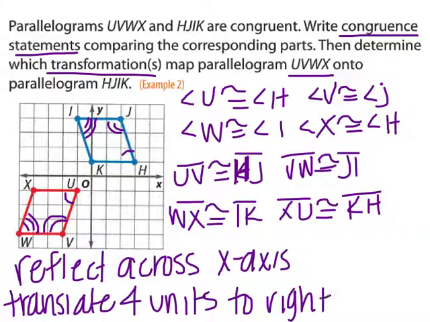And that gets you to the new figure HJIK. So that is showing you that if you translate it and reflect it, it's still going to be a congruent figure. It doesn't change the shape or the size.